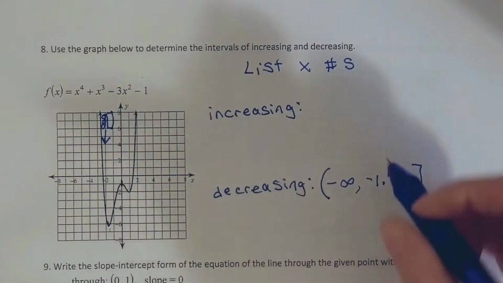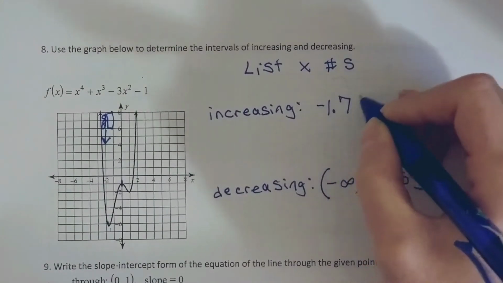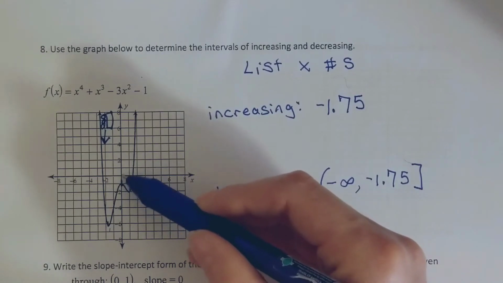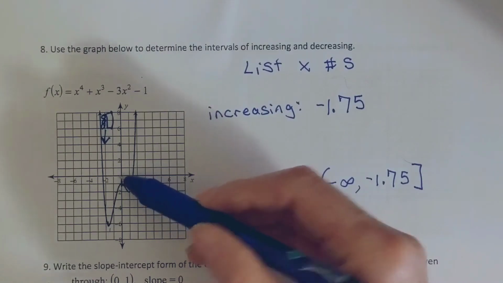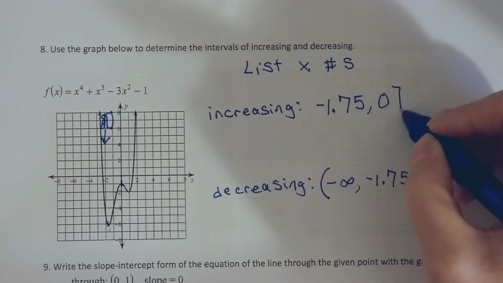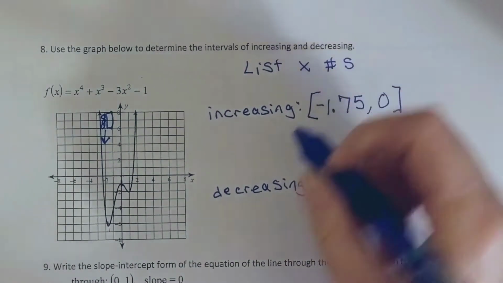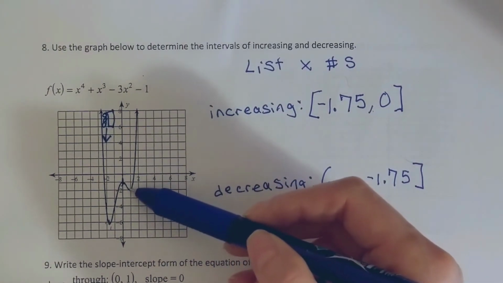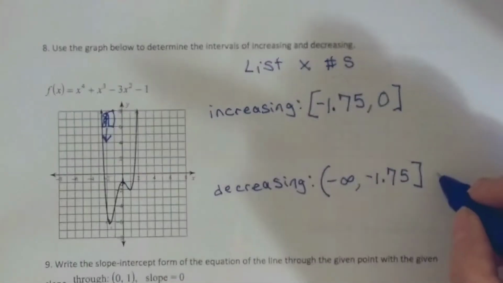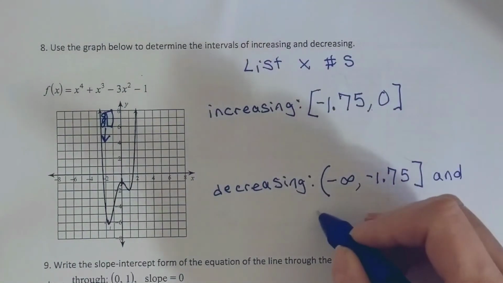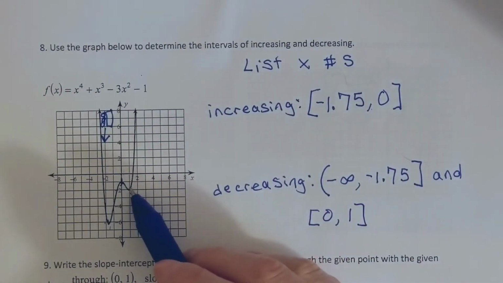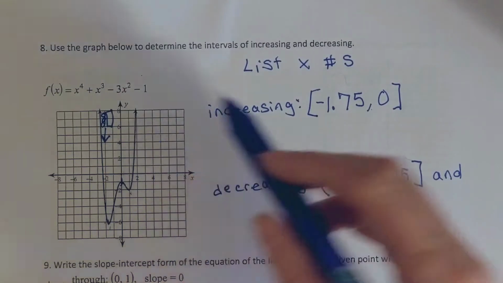So I'm going to start at my negative 1.75, and I'm going to increase, read the x number, not the y, up to 0. These are both included because there's no gap or open holes. Then from 0, and I'm going to read this down here on the x, to 1, we go down again. So 0 to 1, we're going down, and then 1 to infinity, we're going to increase.